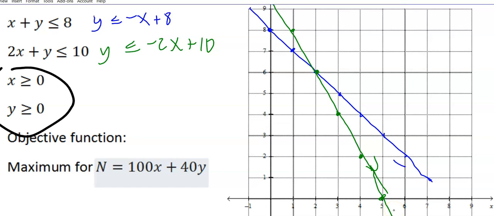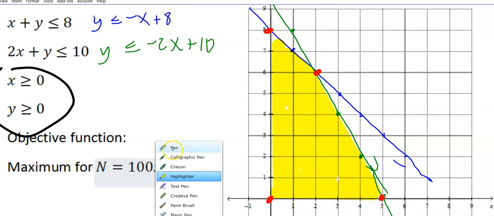Okay, so the slope is negative 2. Then we want to maximize that function, so we have to find the vertices of the endpoints. This is an endpoint, this is an endpoint, this is a vertex, this is a vertex. We're shading essentially inside of here, everything up to that. That's our feasible region. We're only really concerned about the endpoints when we plug them into our objective function.